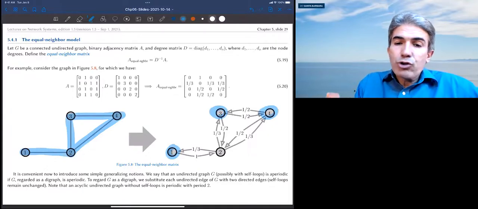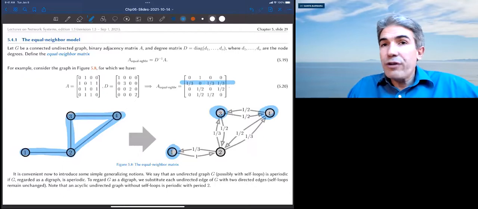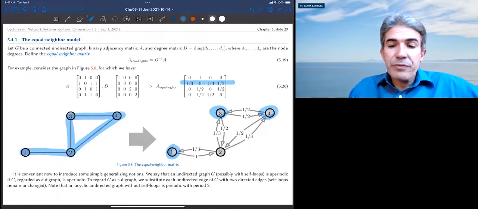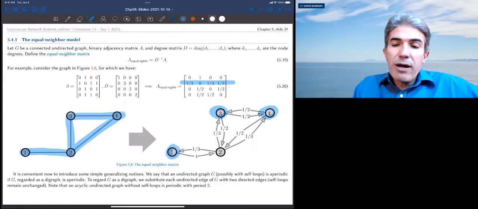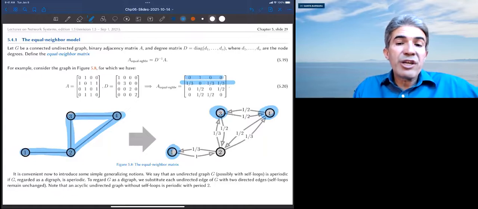So you could design an averaging algorithm where the coefficients are 1/3, 1/3, 1/3, and you give 0 weight to yourself. The same algorithm you apply to everybody. For example, the first node you get a 1. This is called the equal neighbor model, and you can write an appropriate formula for the way in which the matrices come together.